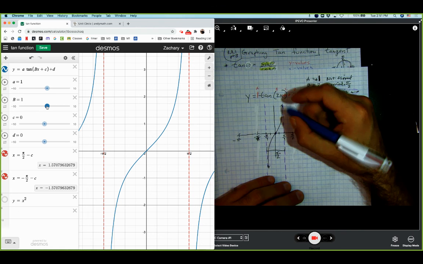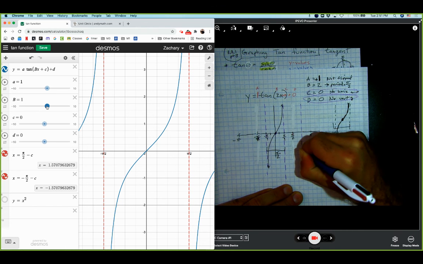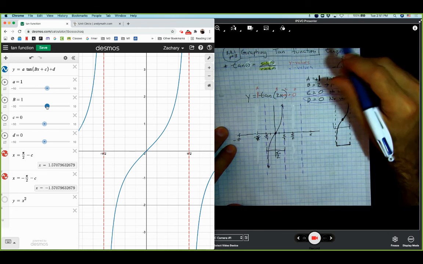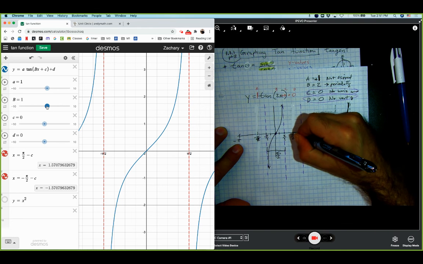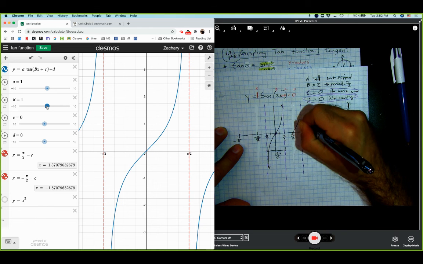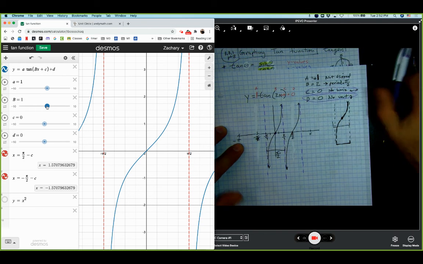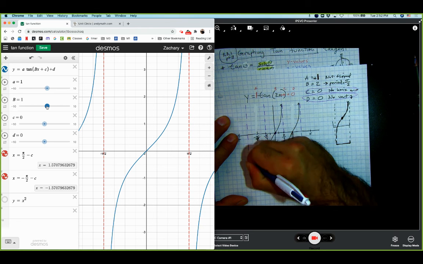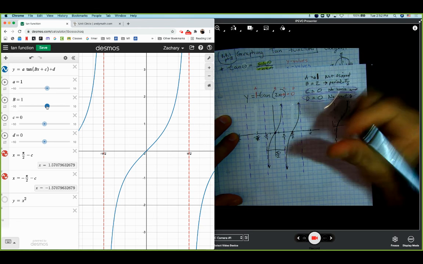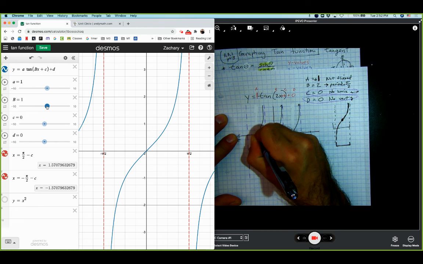And then if you go the same distance in either direction, you're going to get another repeat. And then deja vu. You go to the left, you make your asymptotes. You're going to get the same thing.